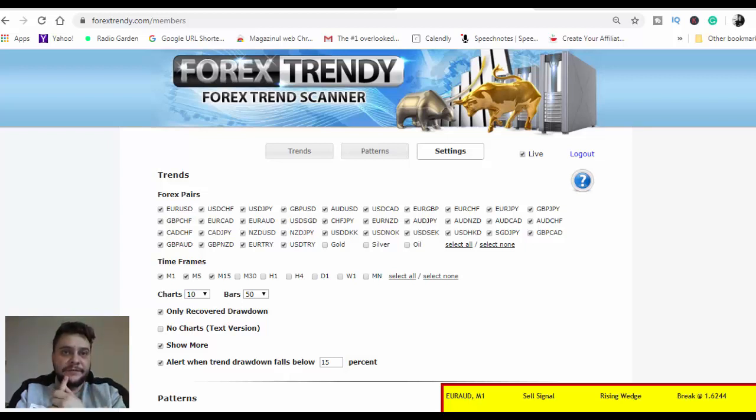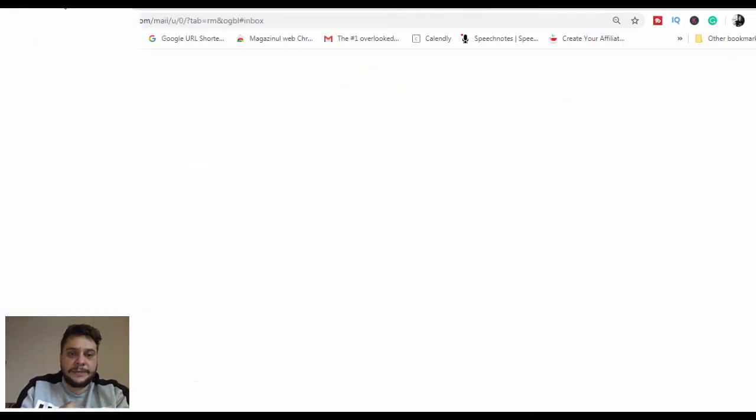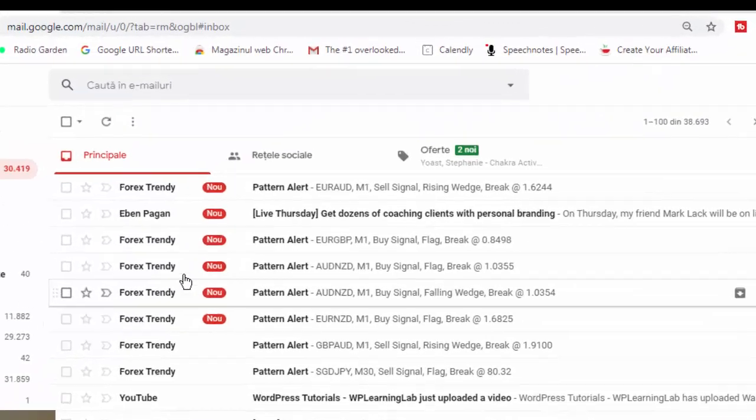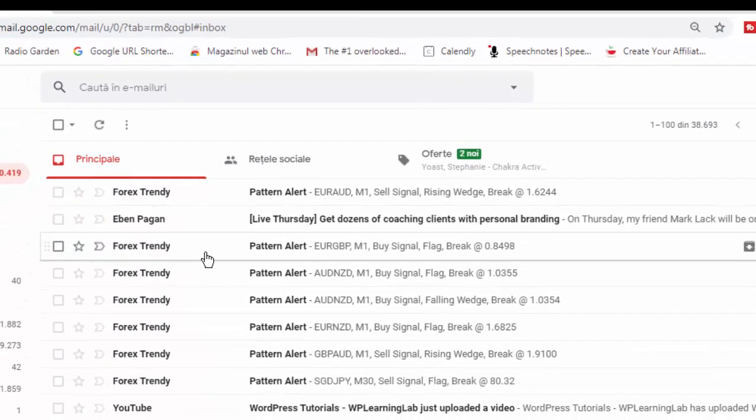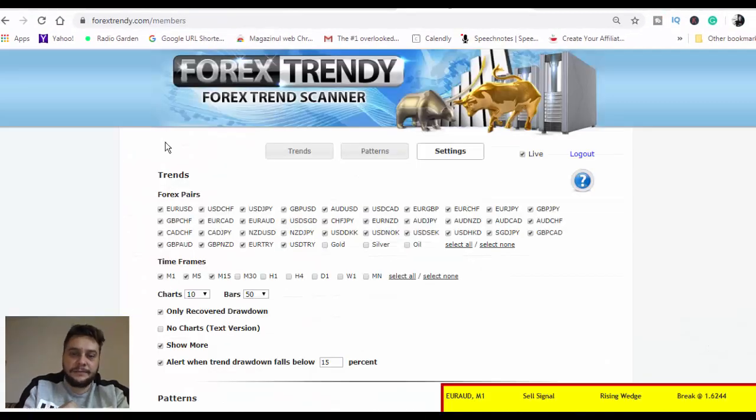You can access everything 24/7, with a comprehensive overview of market trends and currency pairs, alerts on your email and phone so you don't miss a thing, and triangle flags for 34 trade pairs. Yes, and you will also have these signals on your email, as you can see here. Forex Trendy pattern alert. Do you have it? I have it. I have everything here on my email.